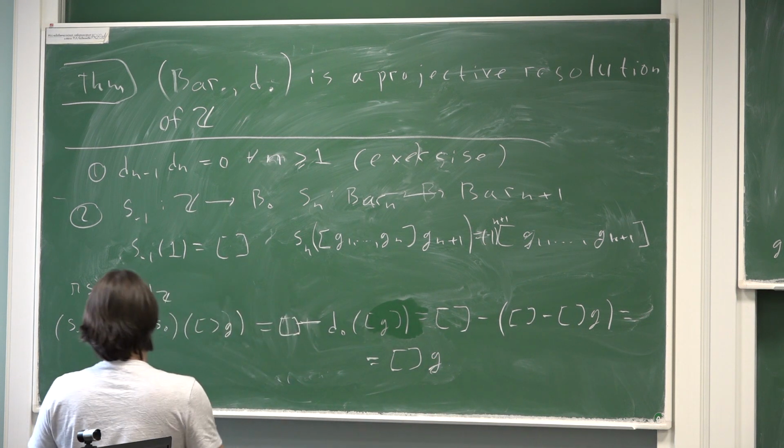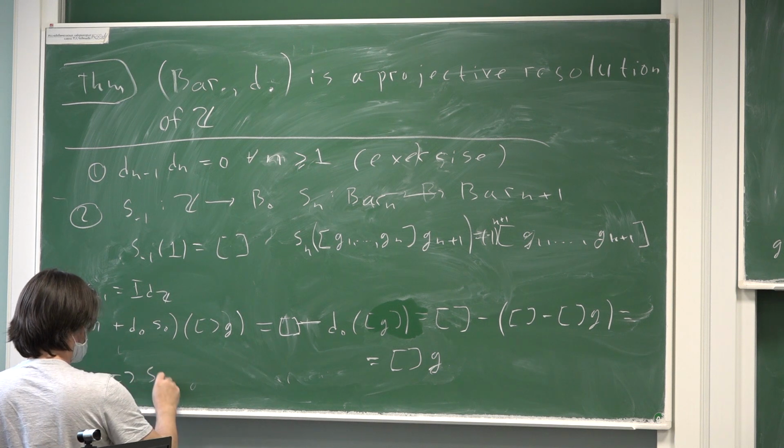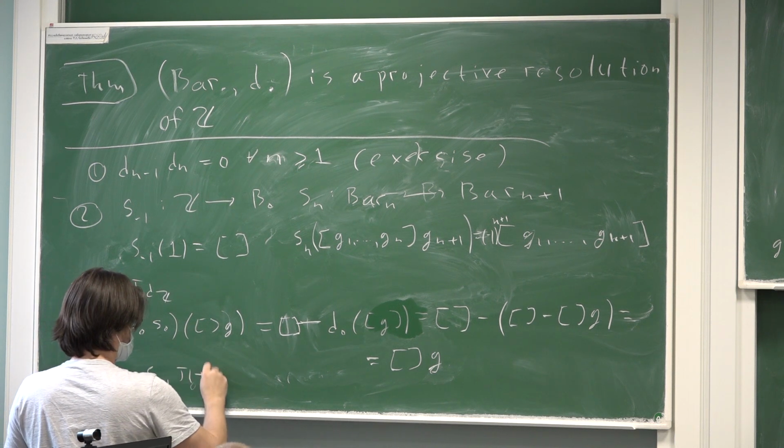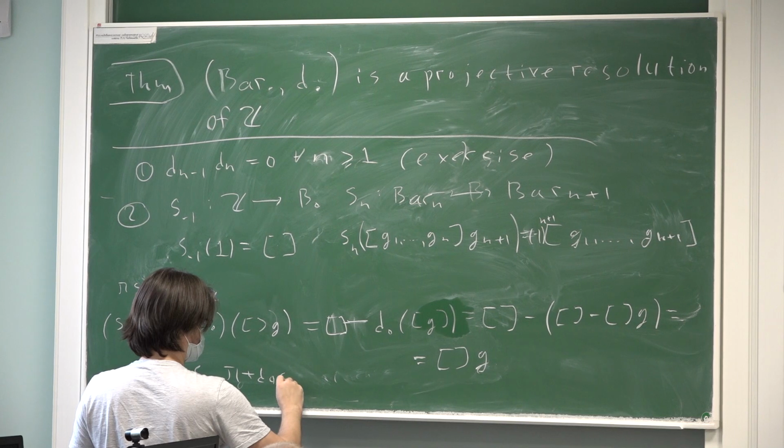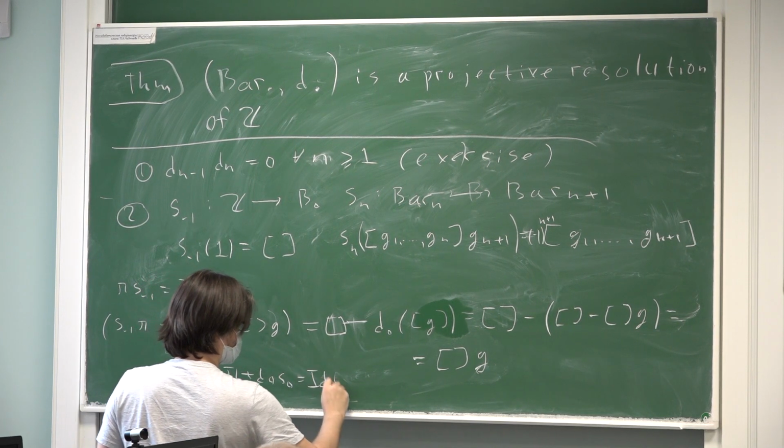So s minus 1 pi plus d0 s0 is the identity on B bar 0.